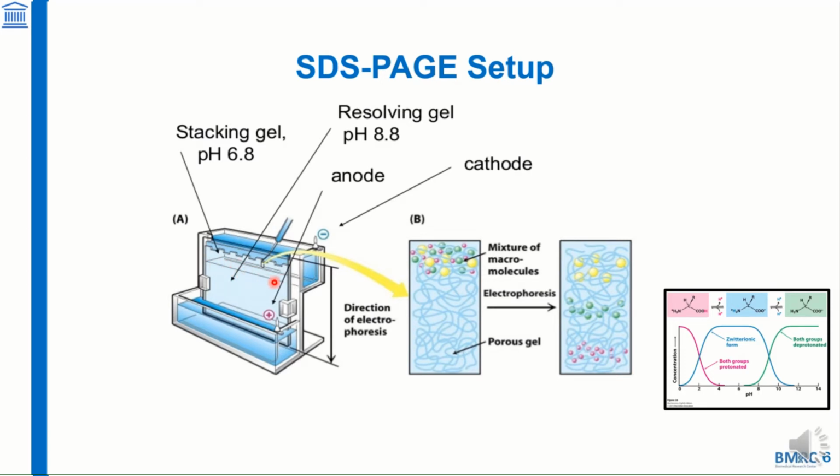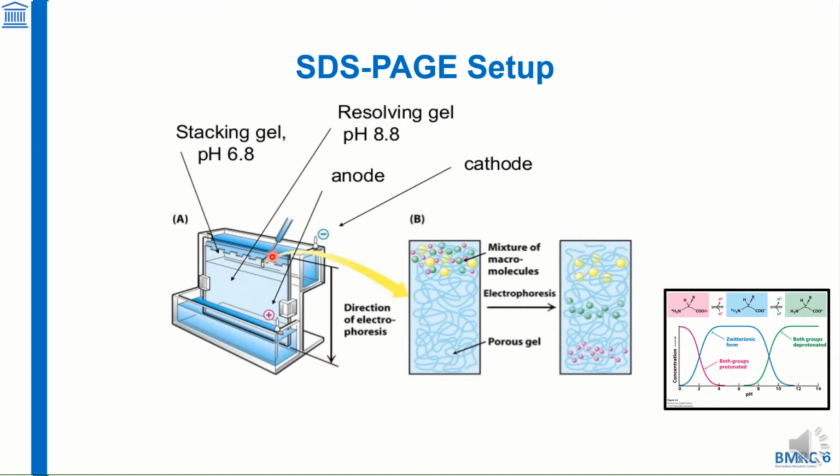It's called the stacking gel and it has a pH of 6.8. And the lower part of the gel is called the running gel. It's about 6 centimeters in length from top to bottom. So you have 7 centimeters in total, 1 centimeter topmost part which is called the stacking gel, and 6 centimeters of the running gel, which has a pH of 8.8. So you have 2 different pH setups, 6.8 at the top and 8.8 below it.